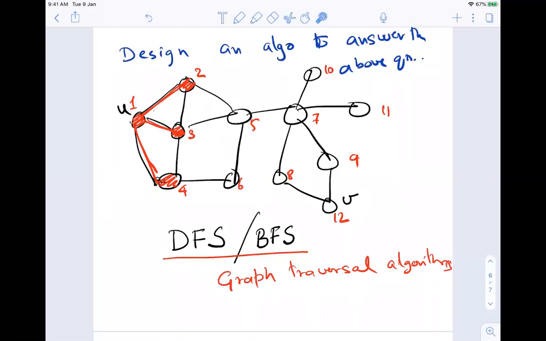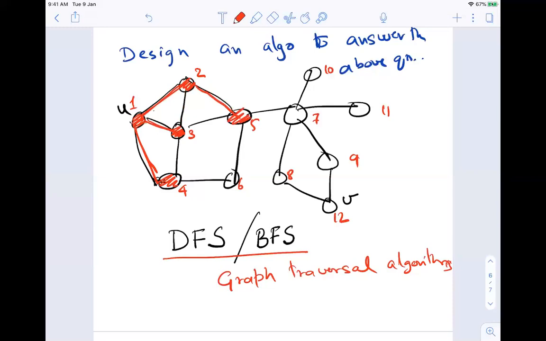When I visit something, I mark it red. So I don't need to visit 1. Can I visit 3? No, 3 is also marked red. Then 5. Okay, good. I go to 5 and mark it red. And now 2 doesn't have any more neighbors left.